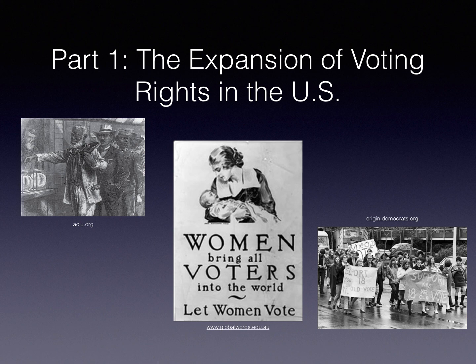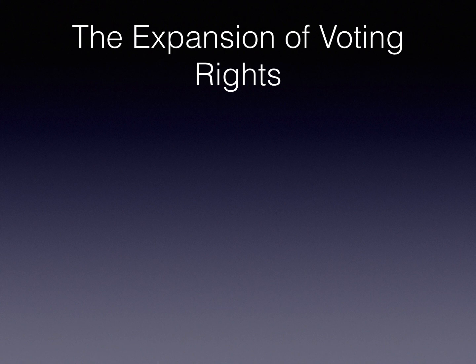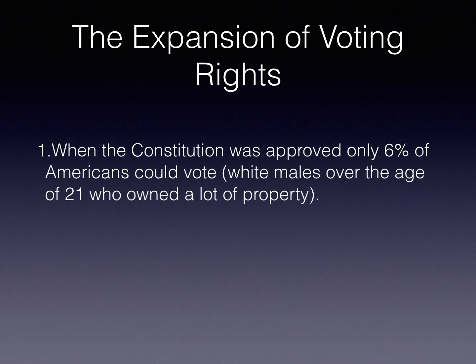And you can see from the picture some different groups that have gained the right to vote over time. African Americans, women, 18 to 20-year-olds. Believe it or not, when the Constitution was approved, only 6% of Americans were actually allowed to vote.